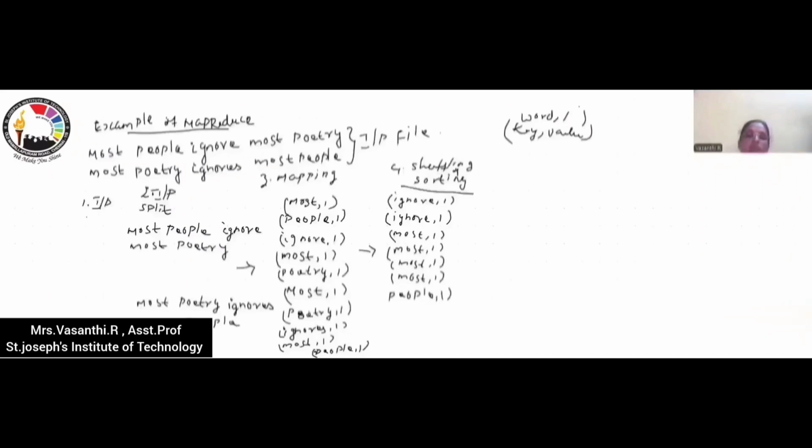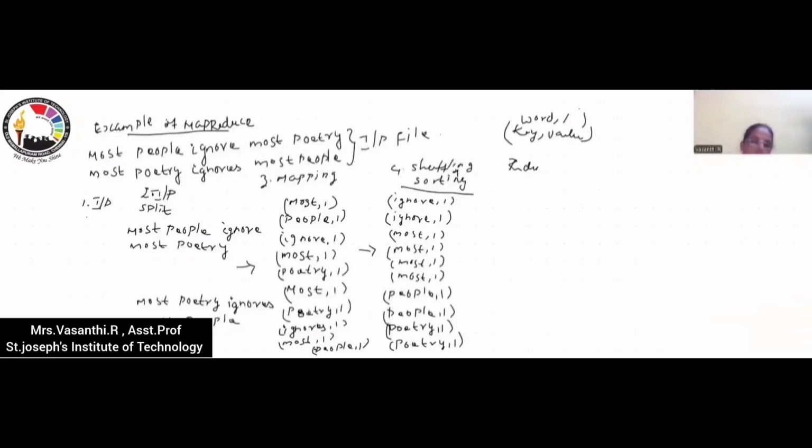We have one more people, comma, 1. The next word is poetry, comma, 1. How many times does poetry occur? Two times, so we write poetry, comma, 1 two times. This is how we arrange key comma value pairs in alphabetical order.